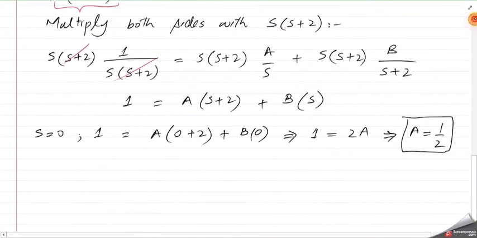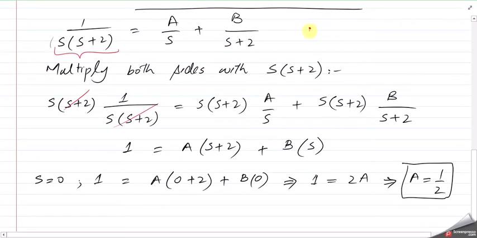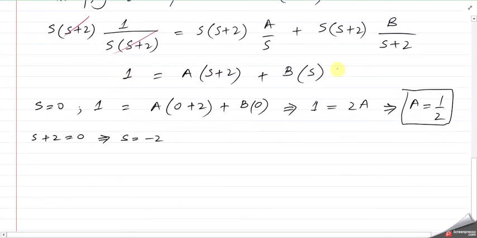Now we put the second one. There are two terms here: S and S plus 2. So first we put S equals 0, that gives us A. Now we put S plus 2 equals 0. That means S equals minus 2 here. We put it here.